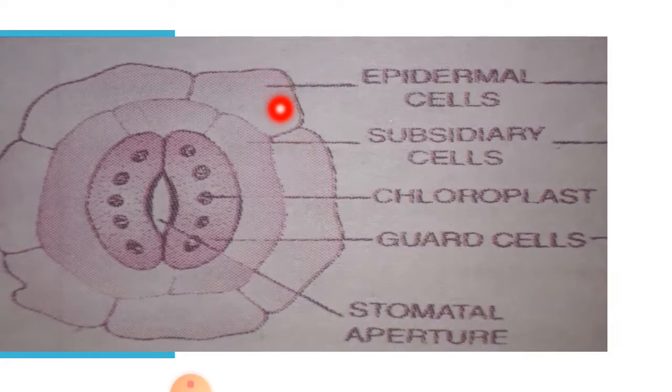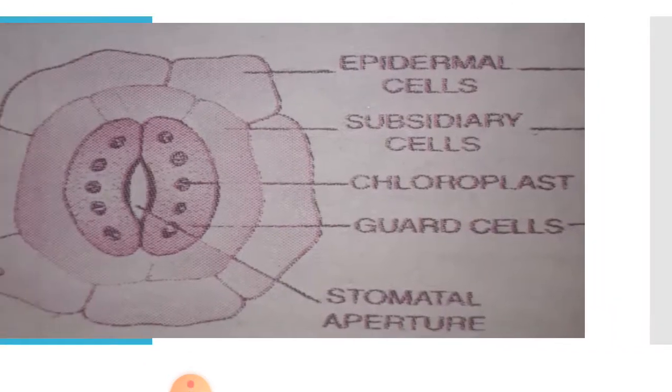There is a next cover of several cells, and there is a third layer, that is chloroplast cells. Stomata is present here, where exchange takes place. It is protected, or covered, by two guard cells. In between there is the stomatal aperture where this exchange of gases takes place.